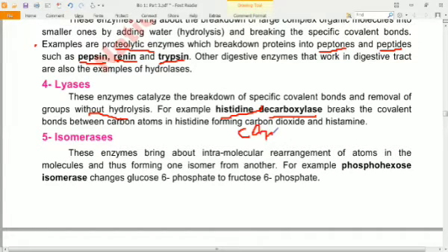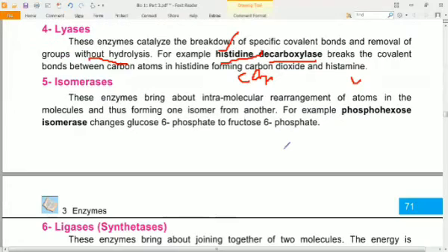Histamine gives an immune response, and it is a neurotransmitter. Decarboxylase removes carbon dioxide from histidine, so it becomes histamine and carbon dioxide.